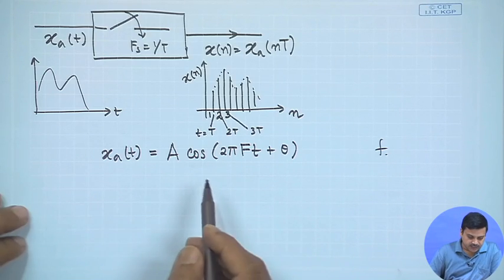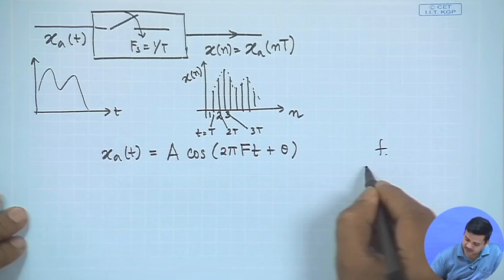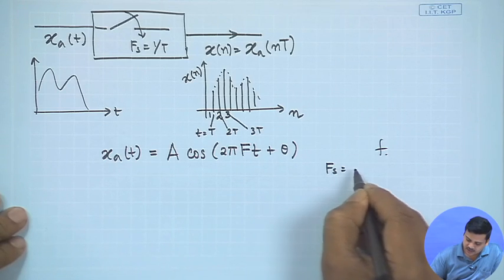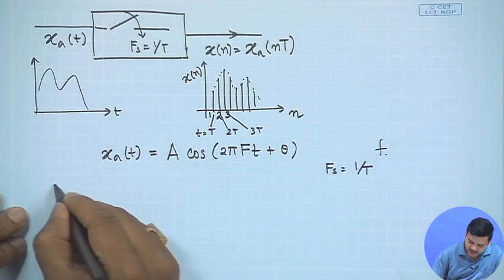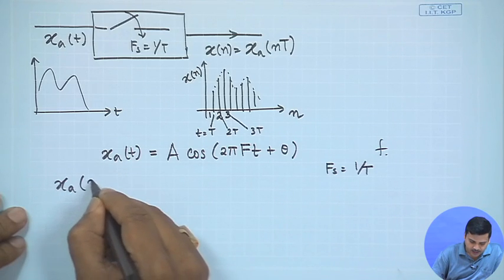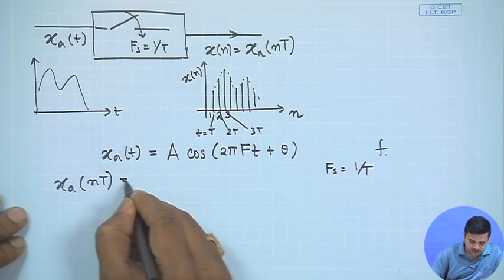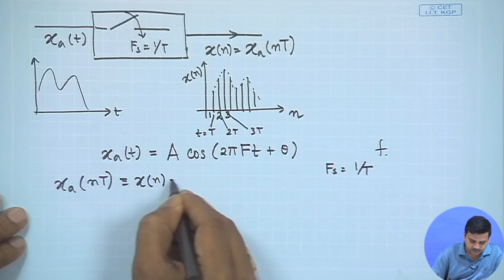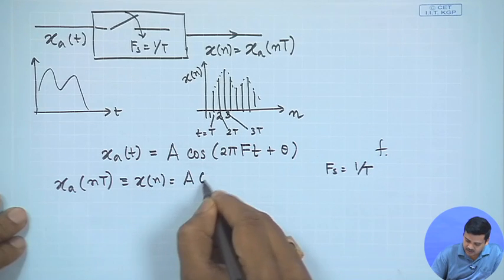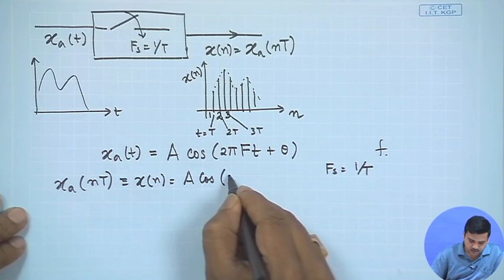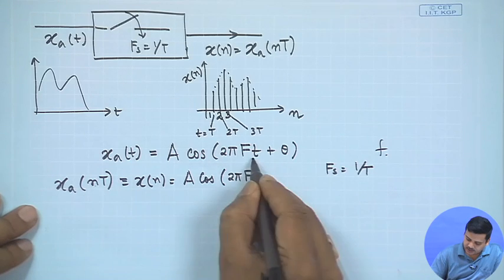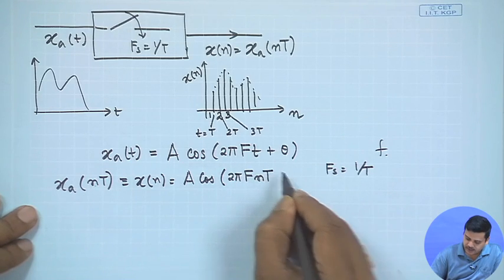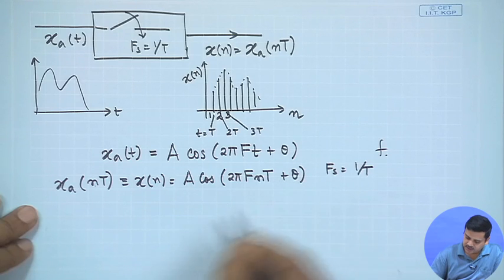So, what we see is that since f s is equal to 1 upon t, what we could write is that x a at n t is basically x of n, which is a cos 2 pi f, so at n t, so t gets replaced by n t, plus theta.